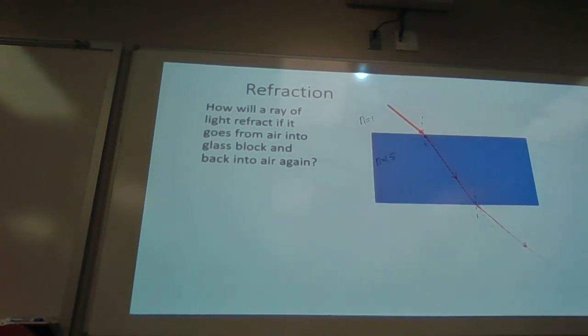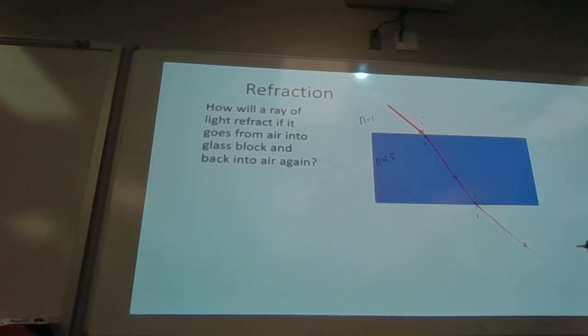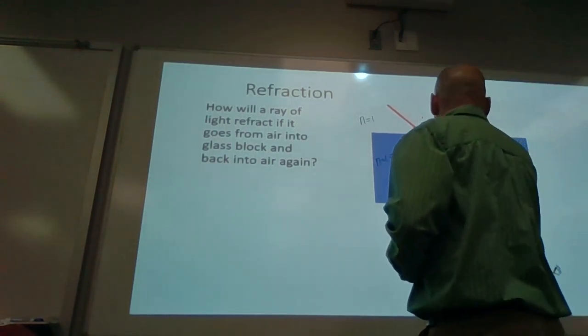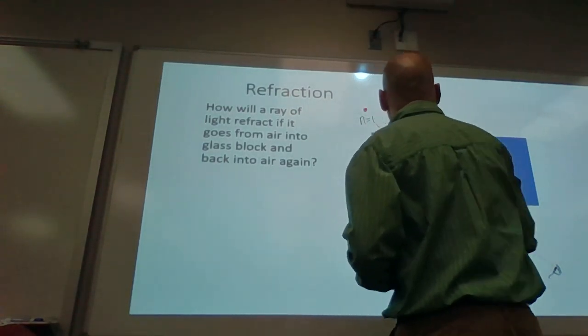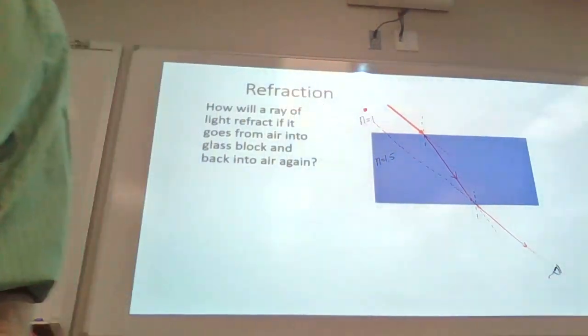So if you were looking, let's say this is a pane of glass, and you're looking through a window. Here's your eyeball. You think you see the object in a straight line path, so you think you see the object over here, shifted slightly.